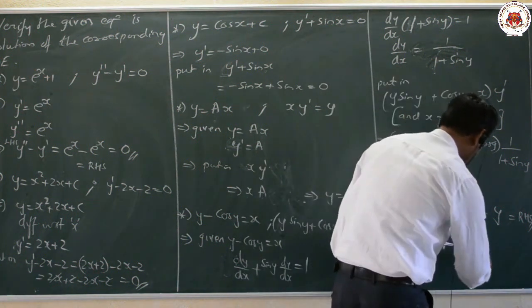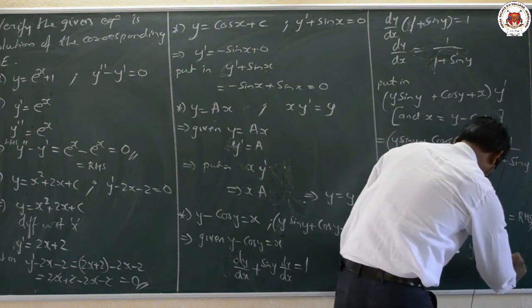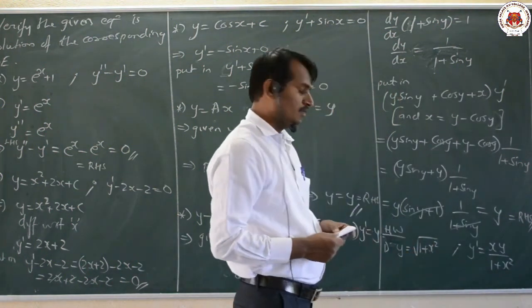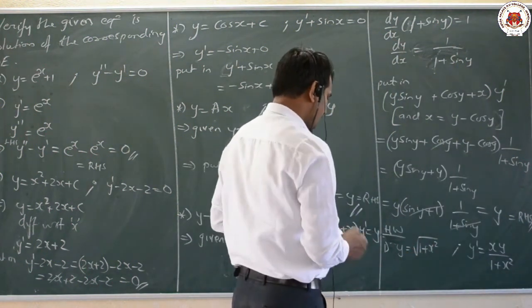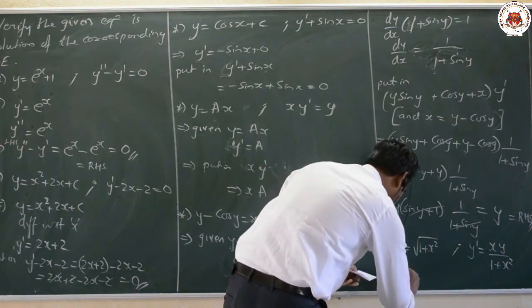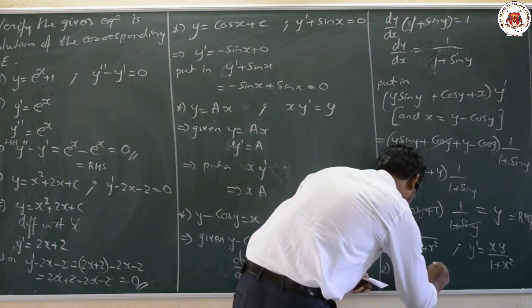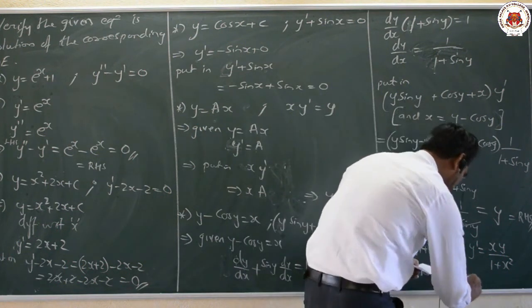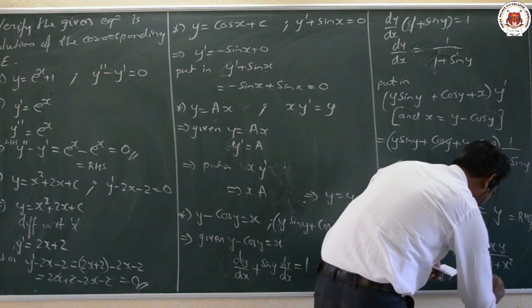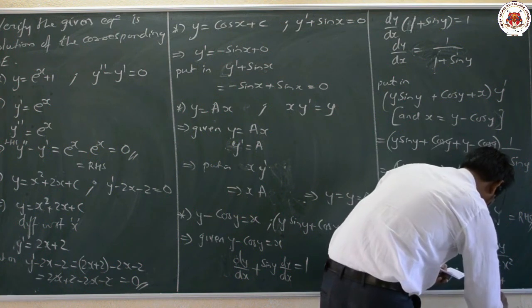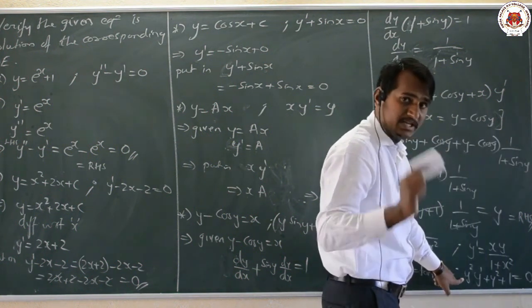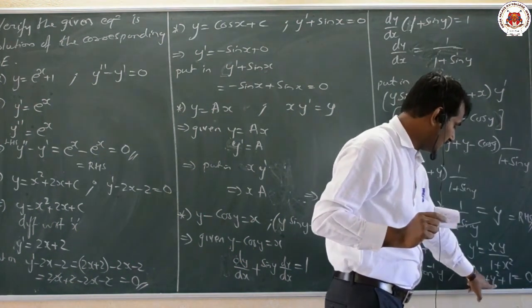Put it in the equation y' = xy divided by (1 + x^2). Next, the second one for homework: x + y = tan inverse of y, and verify that the solution is y^2 y' + y^2 + 1 = 0. It is not y double dash, it is only y^2 y' + y^2 + 1 = 0.